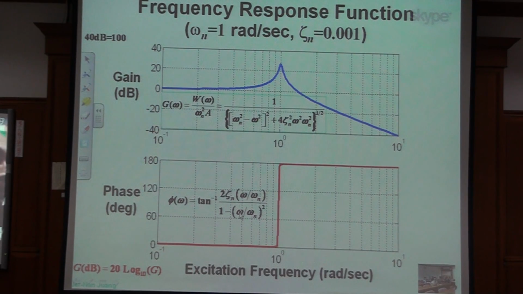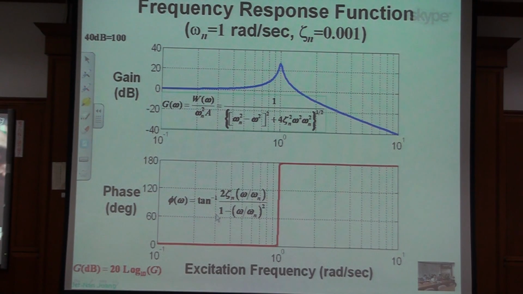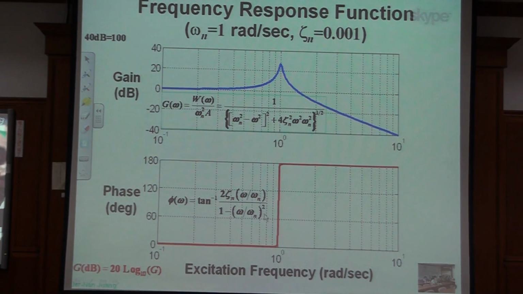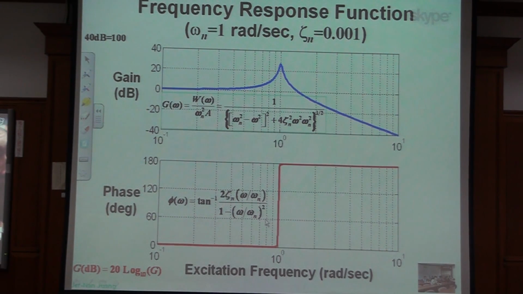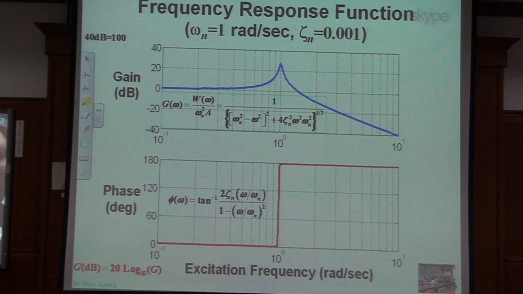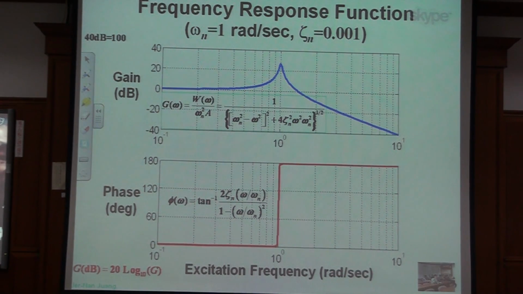If omega is smaller than omega n, the sign of the denominator is positive. When omega is larger than omega n, this denominator is negative.